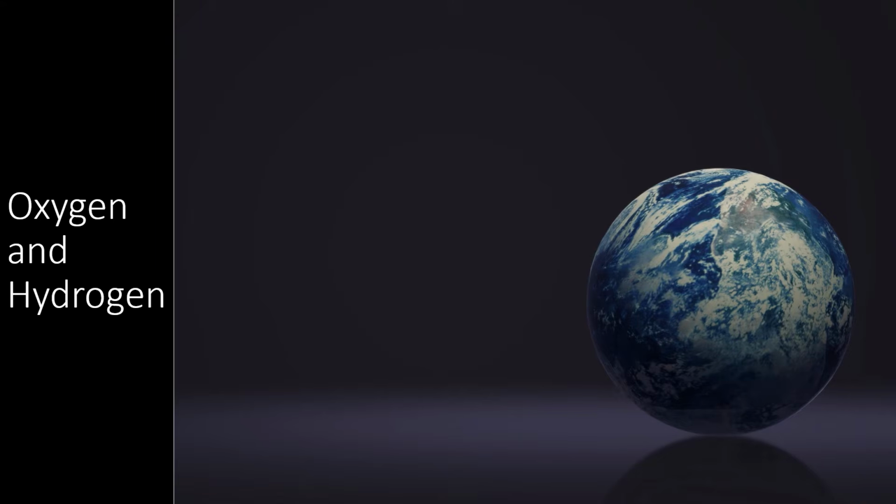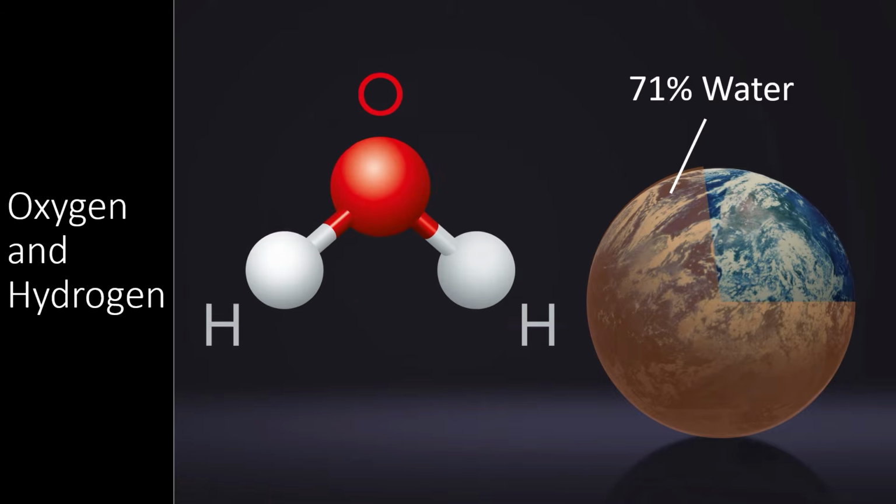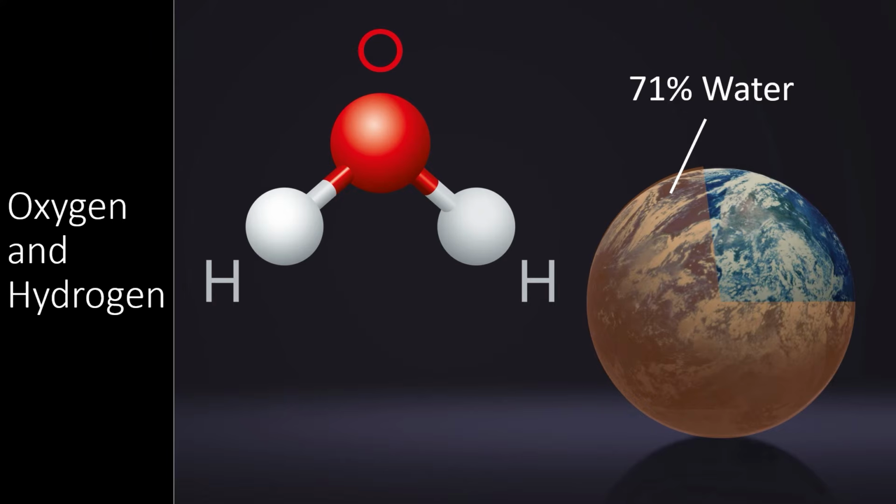About 71% of the Earth's surface is covered with water, a simple molecule made of one oxygen and two hydrogen atoms. So, it should not be surprising that hydrogen and oxygen are also heavily used in living organisms. Together, oxygen and hydrogen create a polar molecule, with one side more positive than the other.